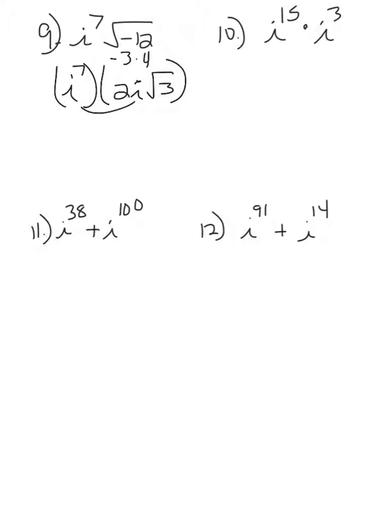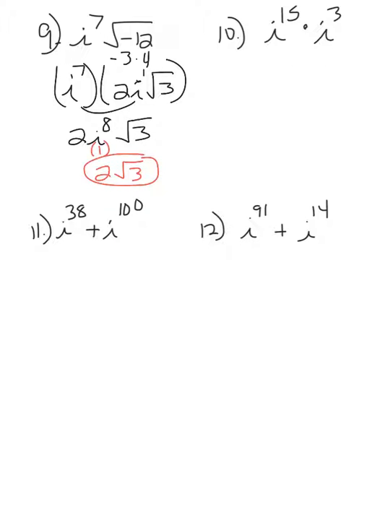Well, you still multiply i's together. Nothing times the 2, so I still get a 2. And when I multiply i to the 7th times i to the 1st, remember you add them, so that's 8. i to the 8th. And square root of 3 has nobody to multiply by. So final piece here. Remember i to the 8th, you divide by 4. It goes in twice perfectly, nothing left over. So this thing's really equal to 1, isn't it? So you get 2 times 1, 2 radical 3 is my answer.